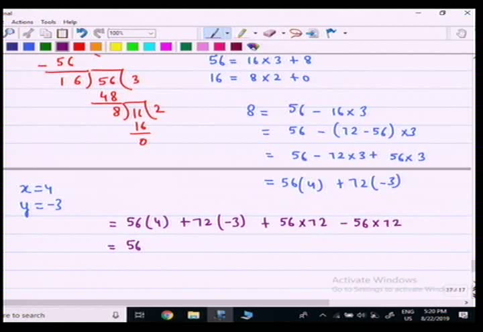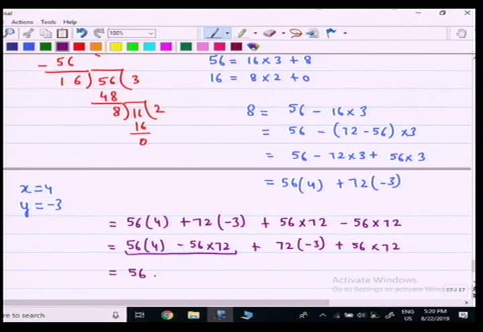Now we can write it like this. We can make pairs like 56 into 4 minus 56 into 72 plus 72 into minus 3 plus 56 into 72. So from these two, we can take 56 as common. If we take 56 as common, then we will be left in the bracket with 4 minus 72, which is minus 68.